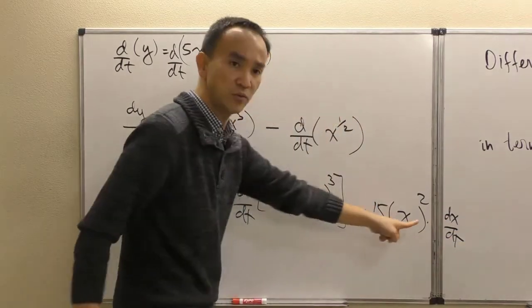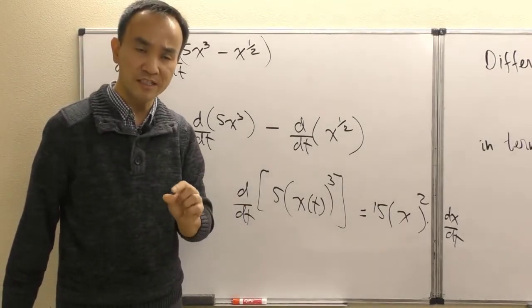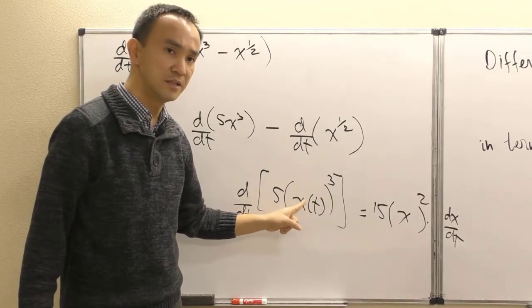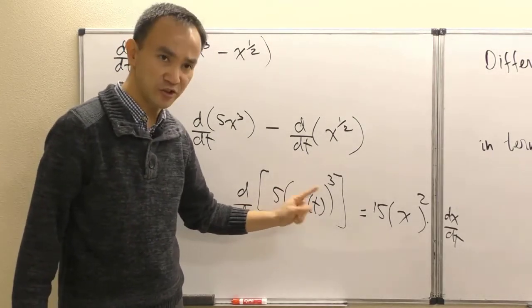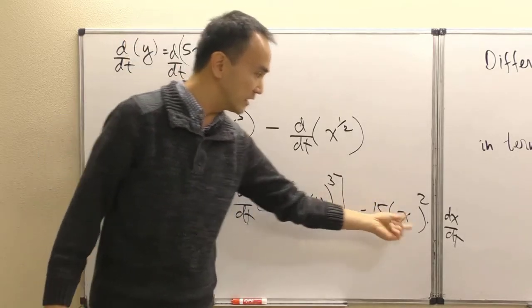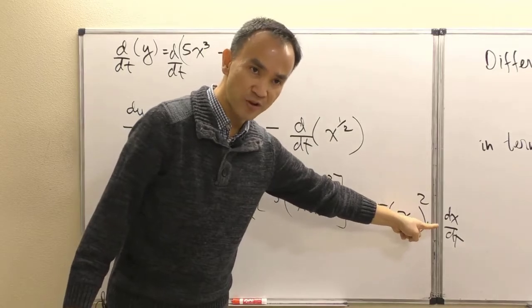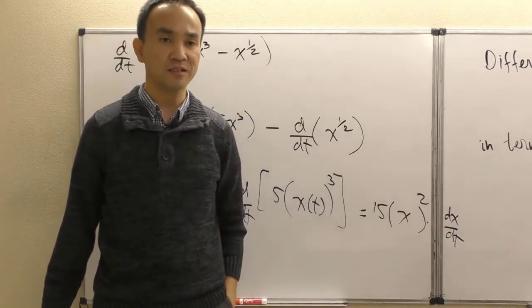And again, the reason we ended up with that dx dt is because x is implicitly defined as a function of t right here. We did not know what expression exactly that was for x as a function of t, so we just leave that as an implicit function, and so consequently we had to end up with an implicit derivative for x.